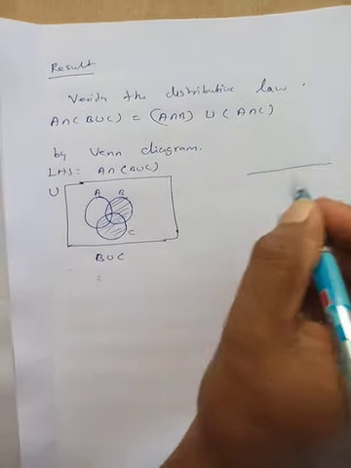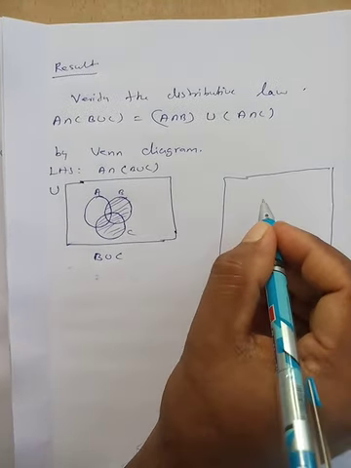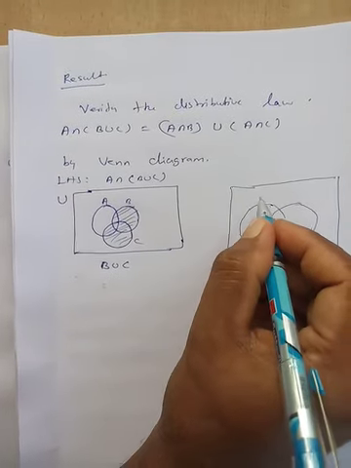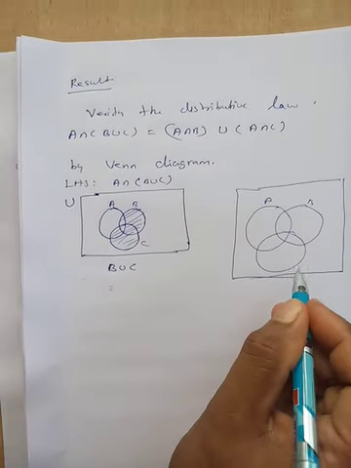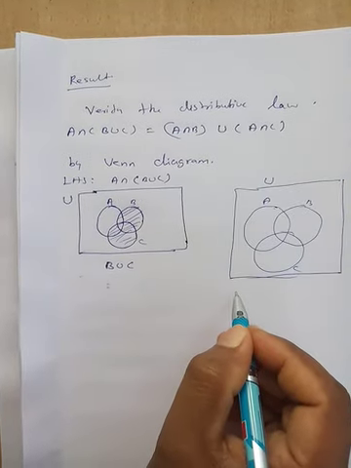So next, a rectangle including three overlapping sets A, B, C. This is the universal set.